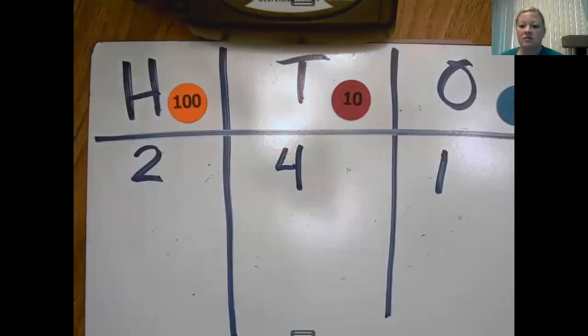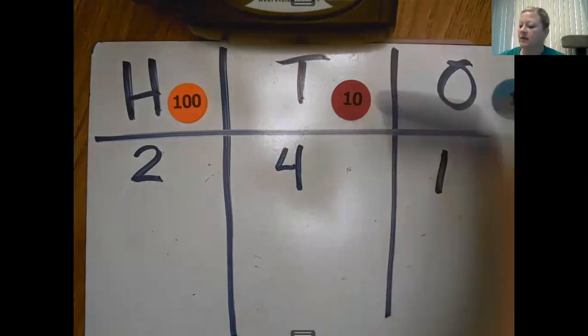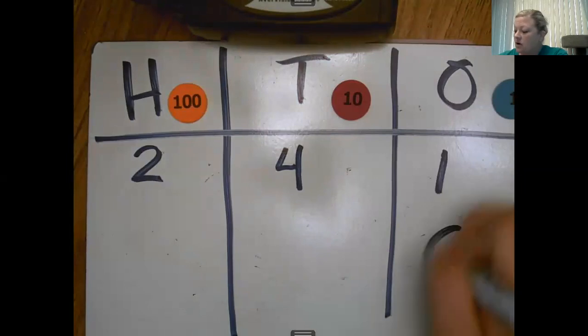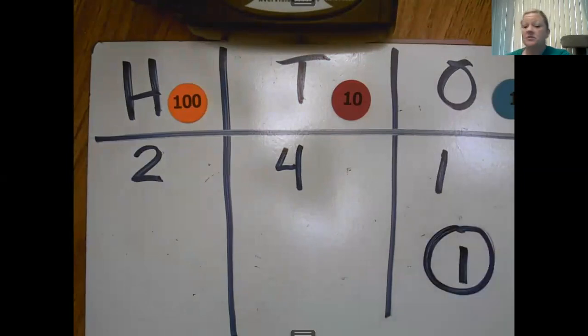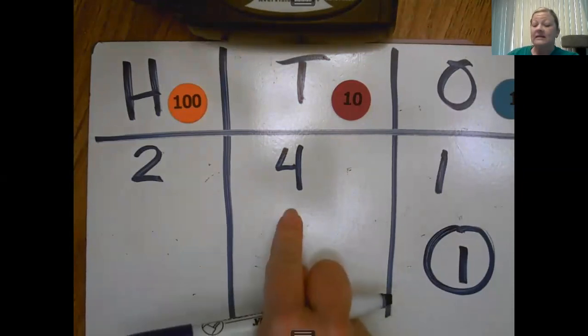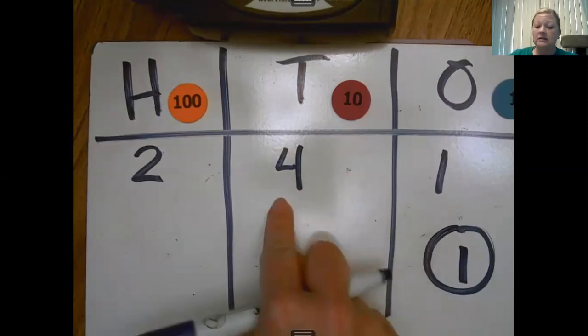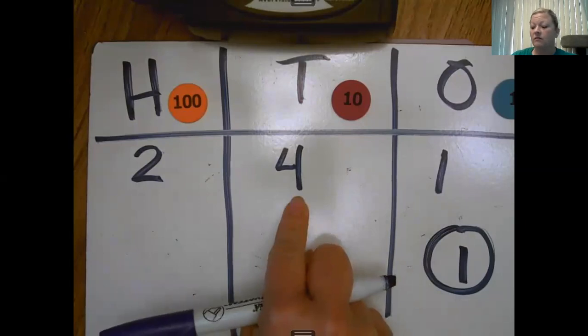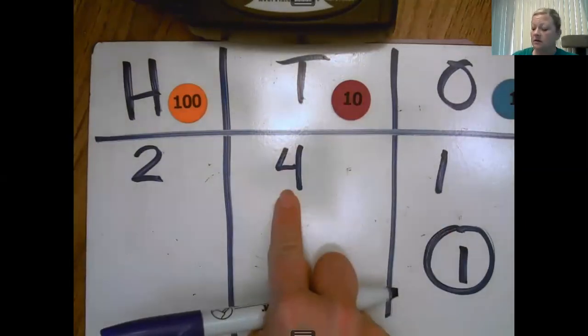So we're going to start in the ones place. It's telling me I have 1, 1. So I'm going to draw one circle and I'm going to write a 1 in there. So that way I remember that's my ones. My tens column, this is telling me how many tens we have. So instead of 1 ten, we have 4 tens.